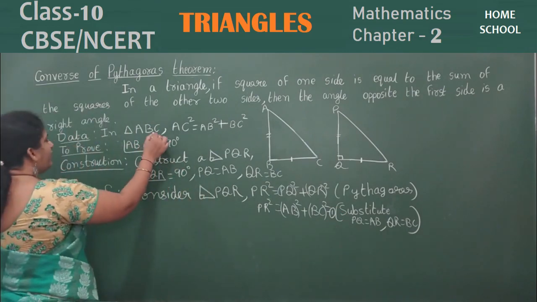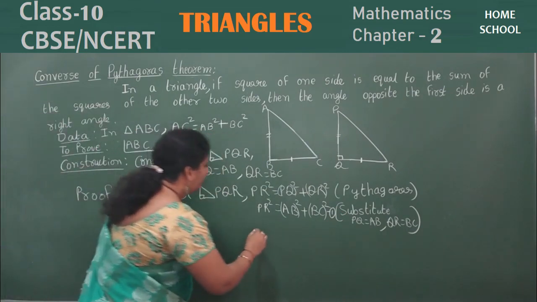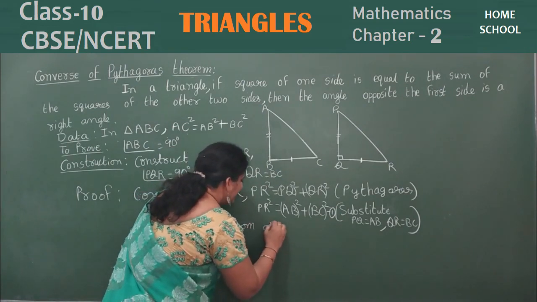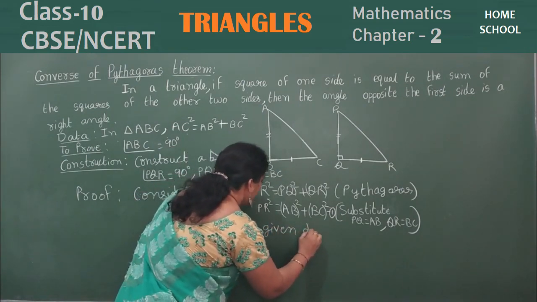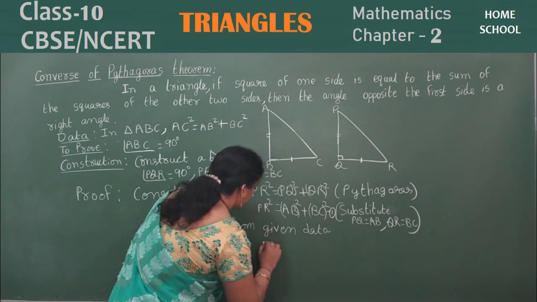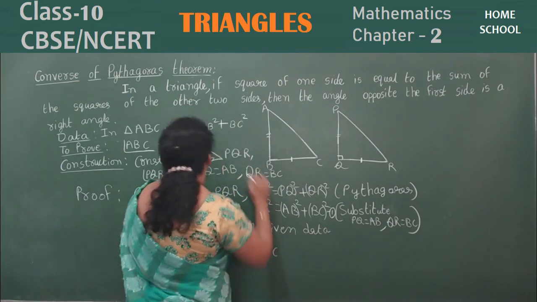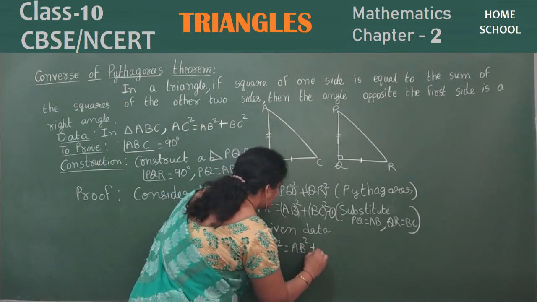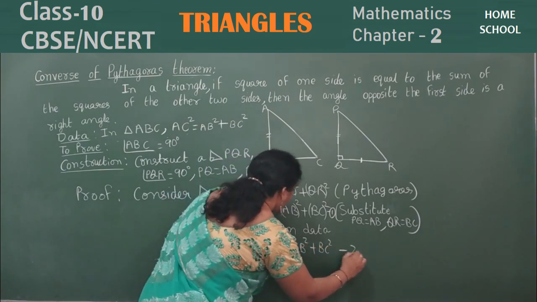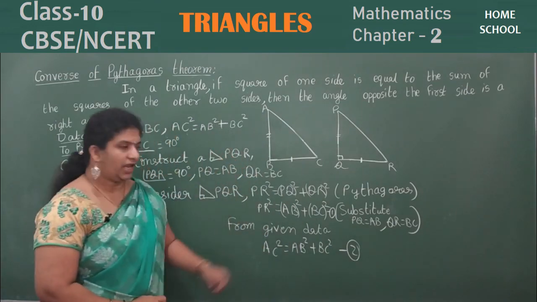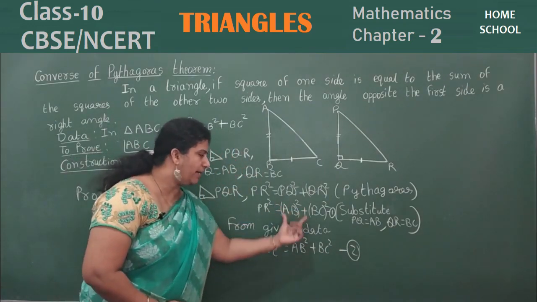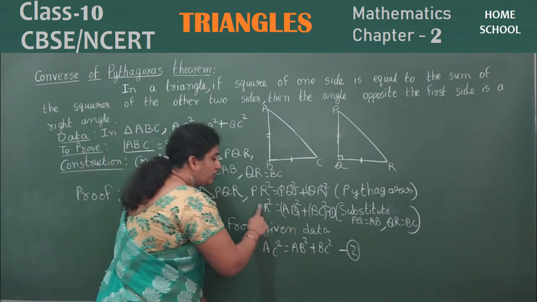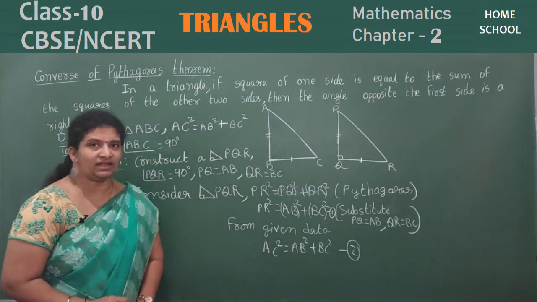What is given for us by the given data? What did they give here, children? AC square is equal to AB square plus BC square. Mark it the second equation. Now comparing the first and second equations, things which are equal to the same thing are equal to one another.